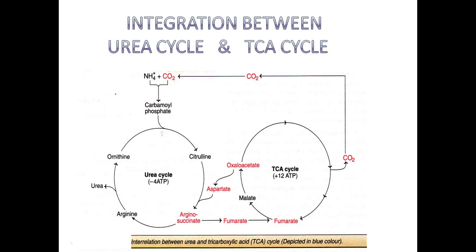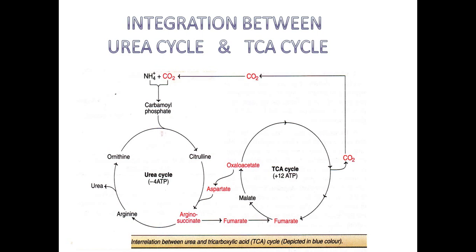The substrate aspartate, which is required for the formation of arginosuccinate, comes from the TCA cycle. Again, the TCA cycle requires this oxaloacetate, because oxaloacetate is reacting with glutamate and forming aspartate. It should not be finished. Of course, if it is getting finished, then the TCA cycle will not operate. So for that matter, what will happen?